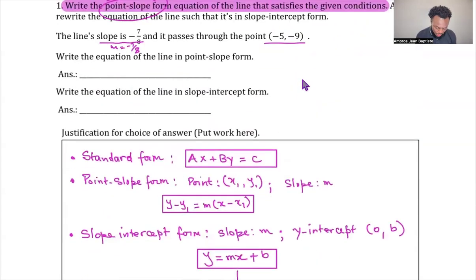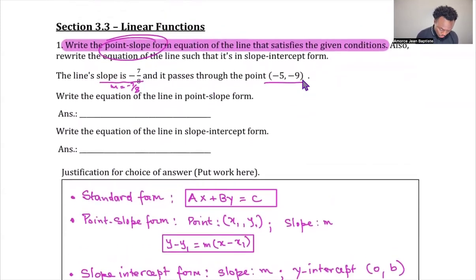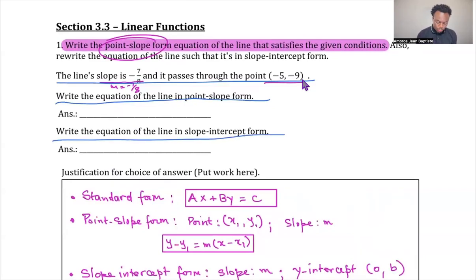Now let's see what else they said. They said write the point slope form, and then here they say write it in slope intercept form.